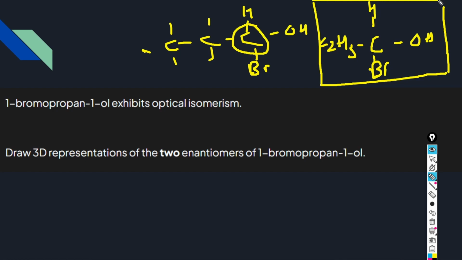Remember, the original one is also an enantiomer, and then when we draw a line, it would be HO, C, Br. You don't need to change the shapes of it or anything. And then C2H5. So this would be the second enantiomer of 1-bromopropan-1-ol.